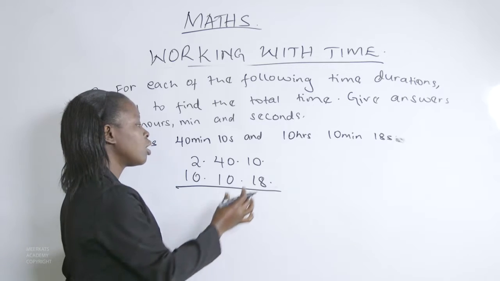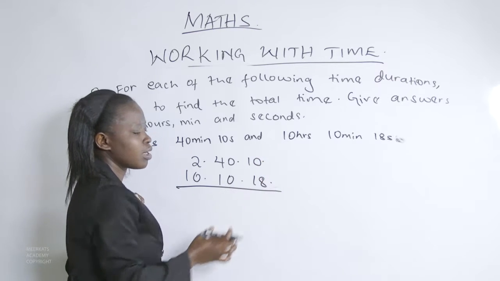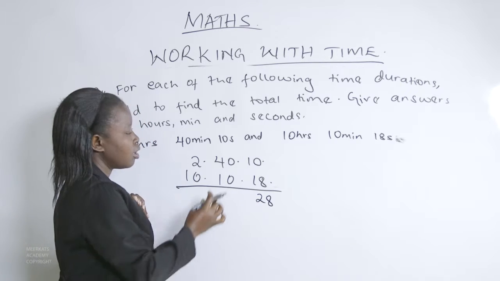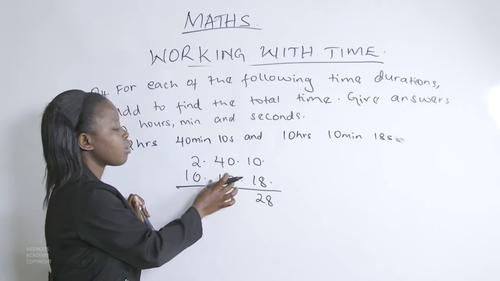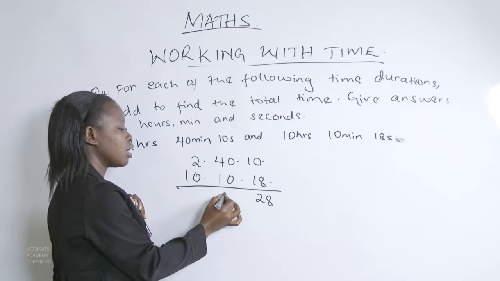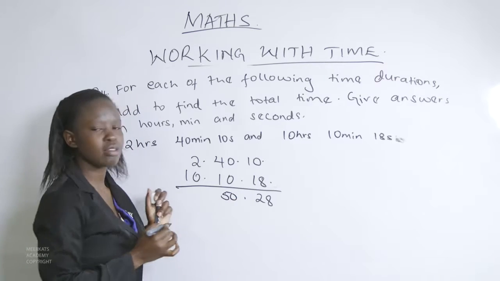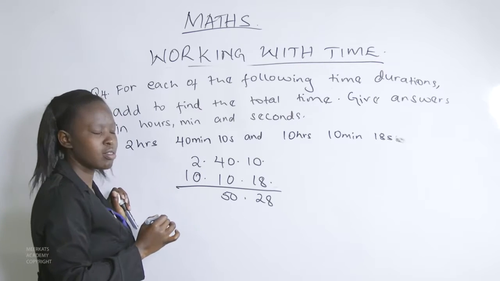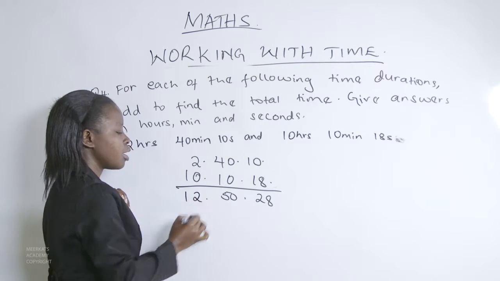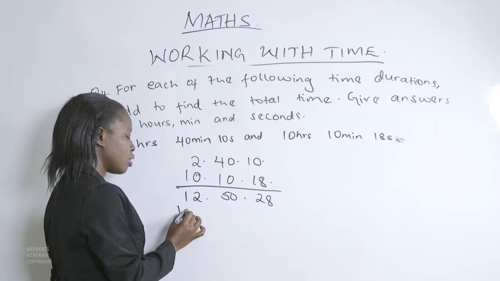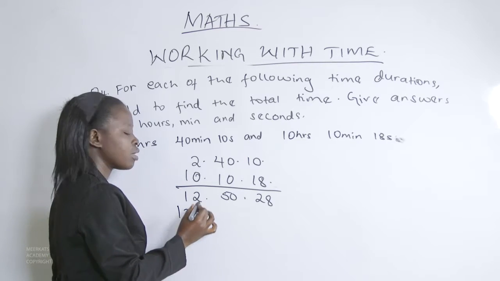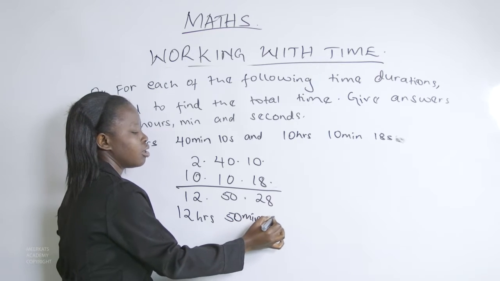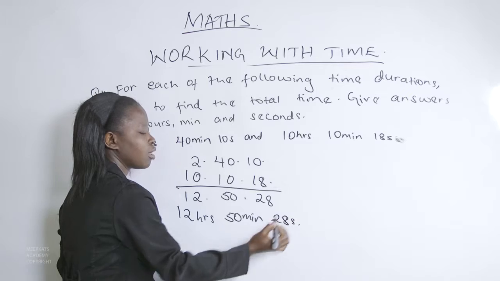So 10 seconds plus 18 seconds gives us 28 seconds. 40 minutes plus 10 minutes, we get 50 minutes. Then 2 hours plus 10 hours, we have 12 hours. So the addition gives us 12 hours, 50 minutes, and 28 seconds.